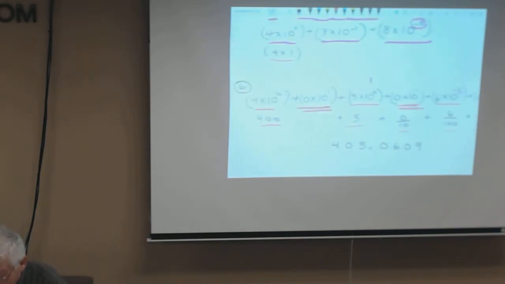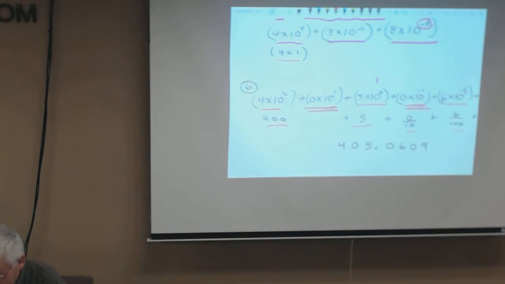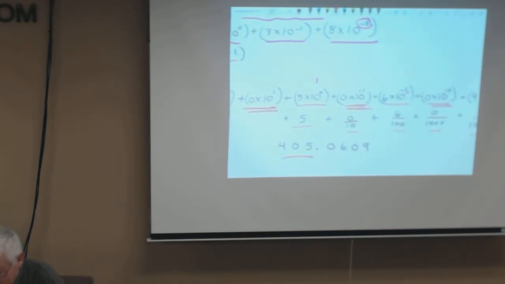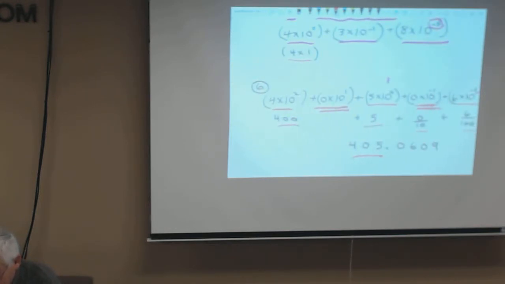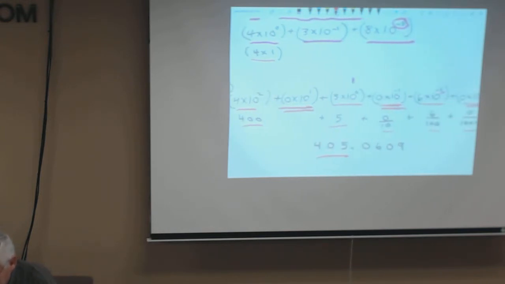But now let's go back here. I have 400 plus 5. That would be 405. Then, now you see why I put these zeros in here? Because I need that 0 for 0 times 10 to the first. That's no tens. Then when I come over here on the other side, I have a 0 here for 0 times 10 to the negative 1.